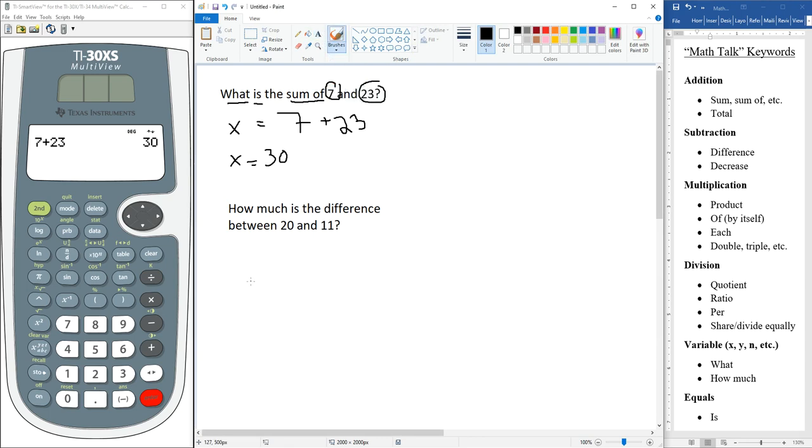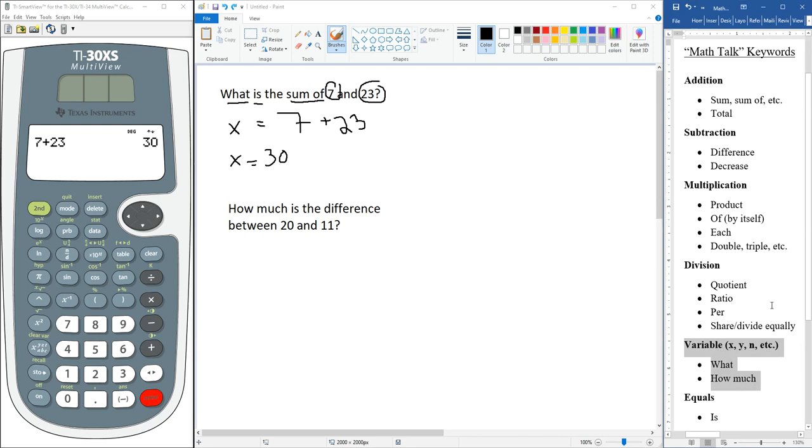Great. Now let's take a look here. Again, numbers first: 20 and 11, always. Once we pull the numbers out, we look at our words to see what Math Talk keywords we can use. First word I see is "how," second word is "much."